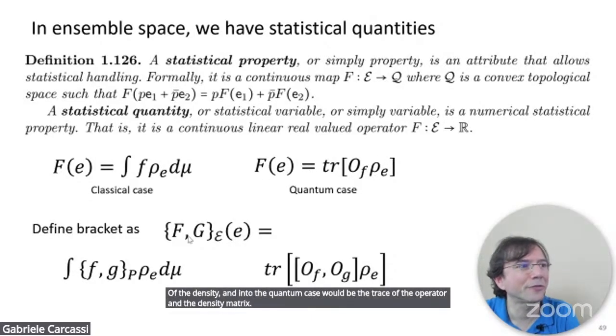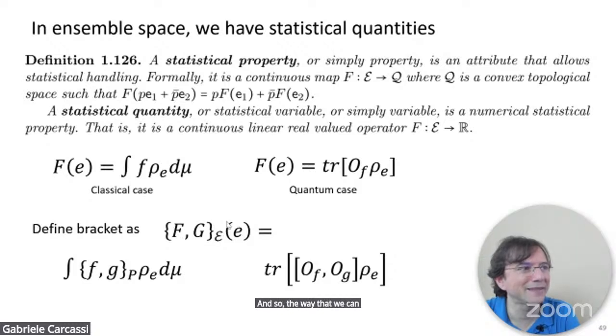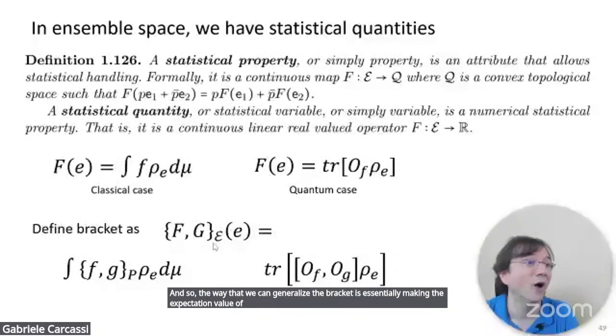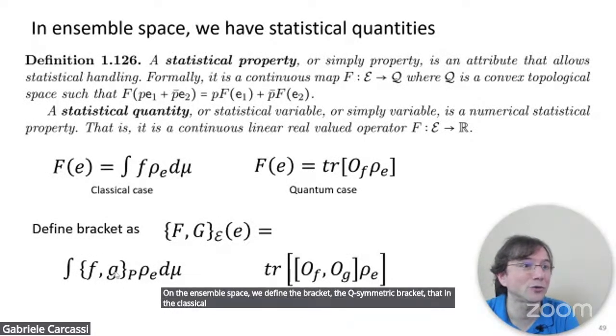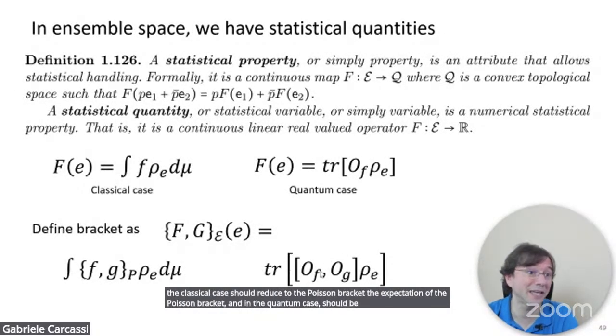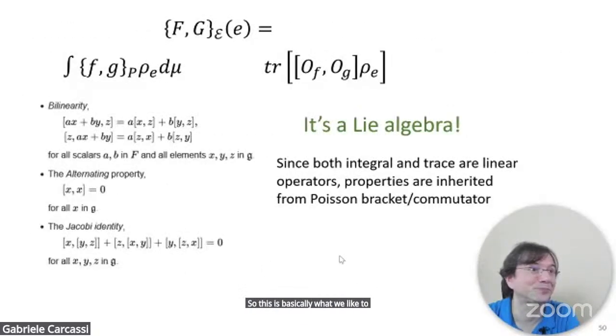And so the way that we can generalize the bracket is essentially by taking the expectation value of the bracket. So on the ensemble space, we define the skew-symmetric bracket that in the classical case should reduce to the expectation of the Poisson bracket, and in the quantum case should be the expectation of the commutator. So this is basically what we would like to generalize.